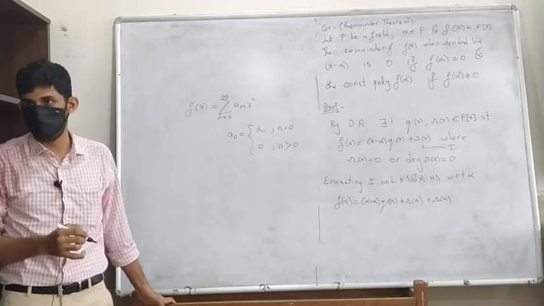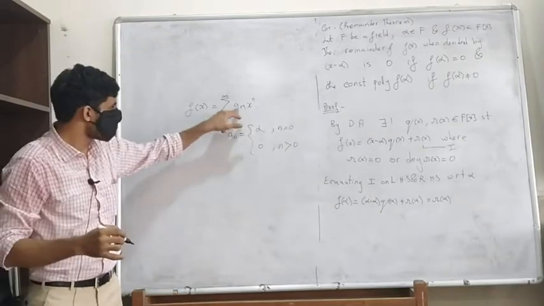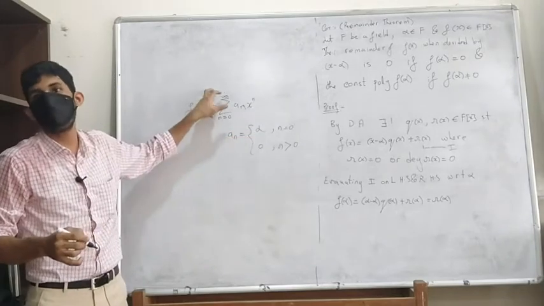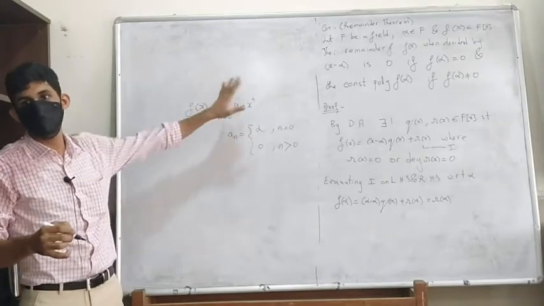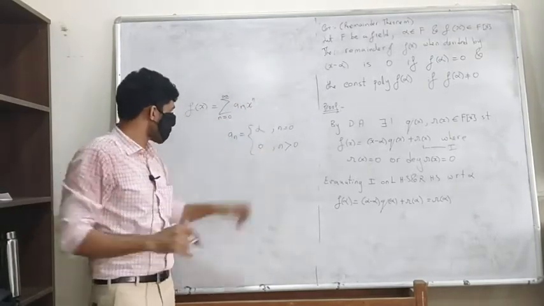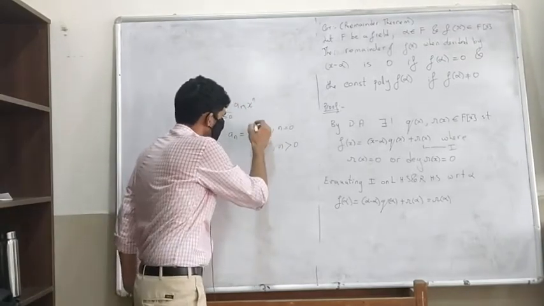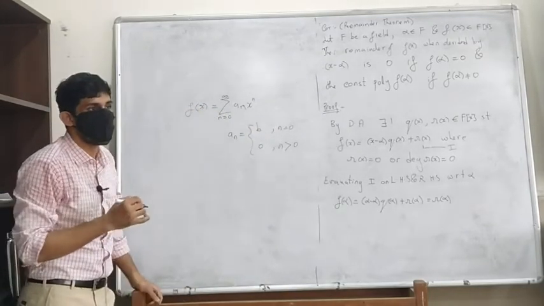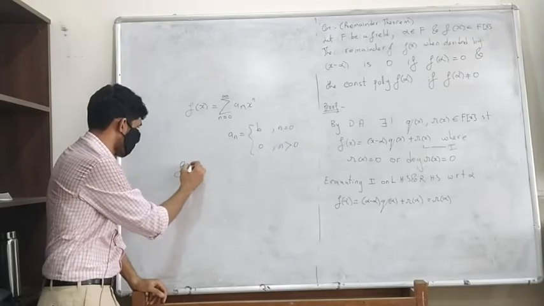Only the constant term is b. This is the constant polynomial b. What happens when I evaluate this at alpha? What is f of alpha?